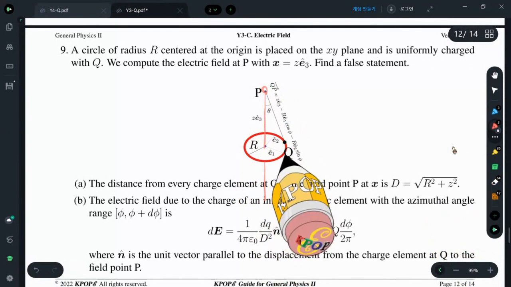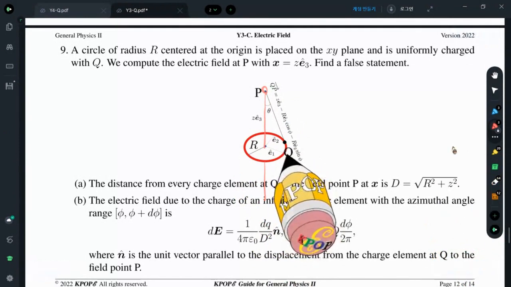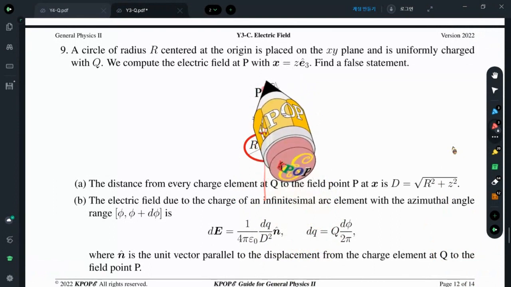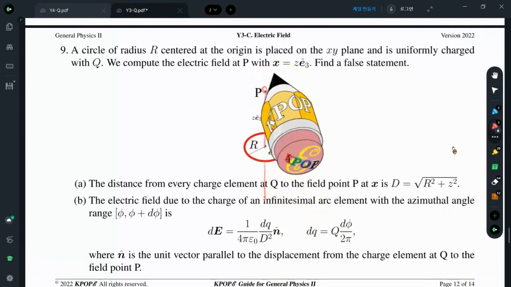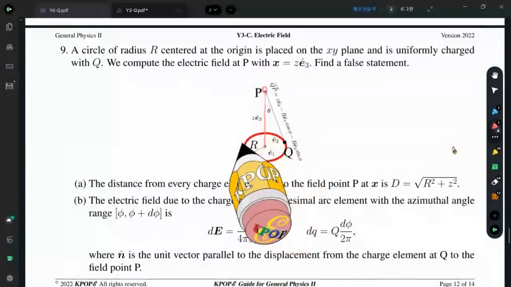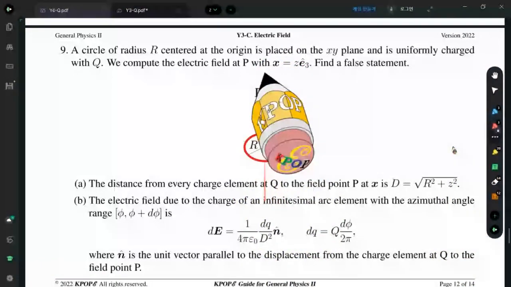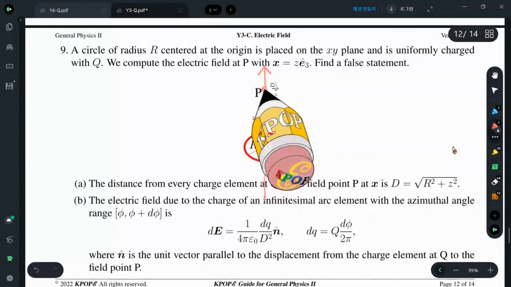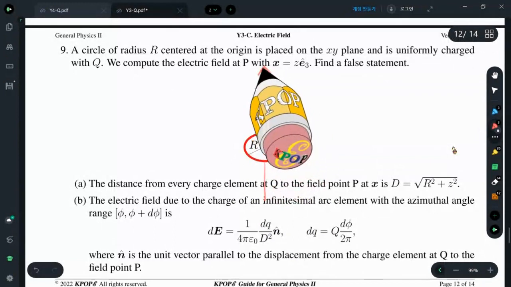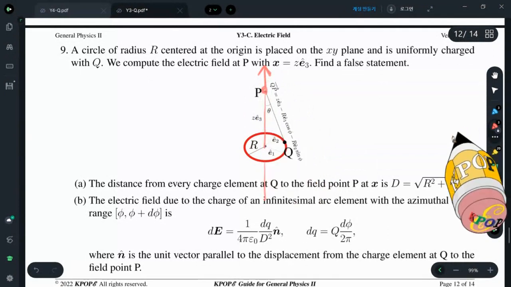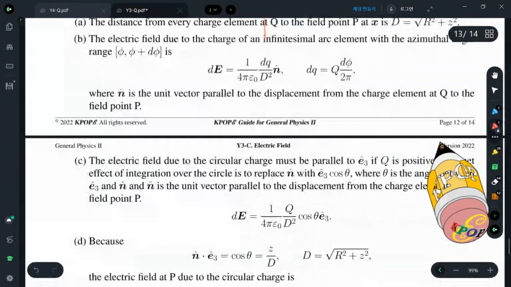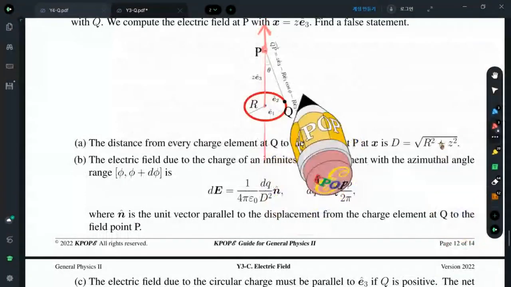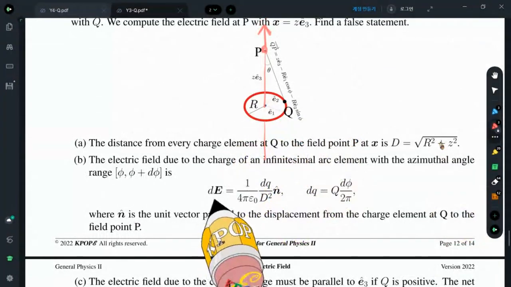We expect that if it is positively charged, the net external electric field due to the circular charge is along this direction. Because of the symmetry, only this direction survives. We can do the integration by making use of previous results.